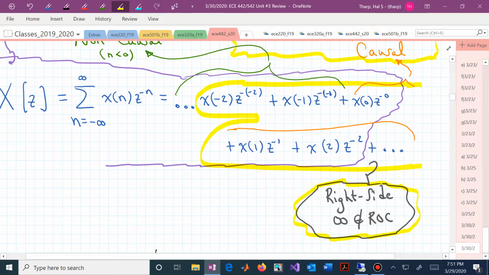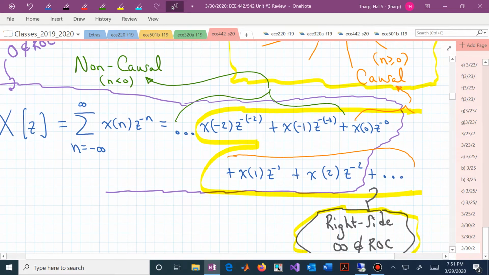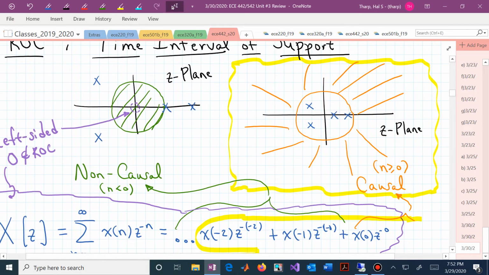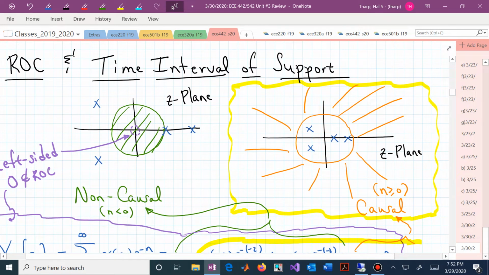Infinity is not contained in the region of convergence in this yellow highlight, and that means you have a right-sided sequence as an option, or that can exist for a region of convergence that's outside of all of your poles, but it's also bounded in terms of it does not extend out to infinity.